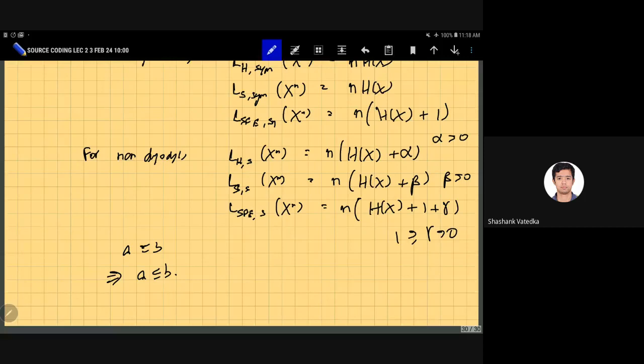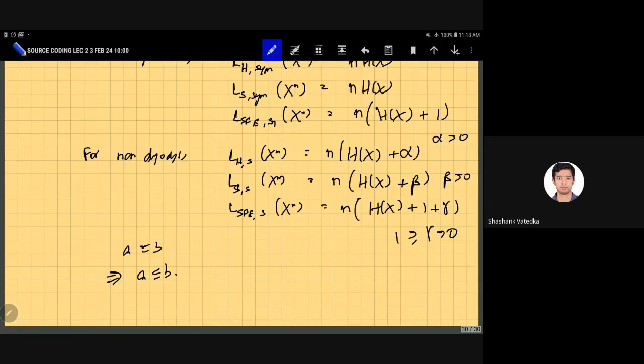Sir, if it is equal to 1.5 for all n, how do we generalize that it is less than or equal to 1.5 n? As I said, if a equals b, then a is obviously less than or equal to b.